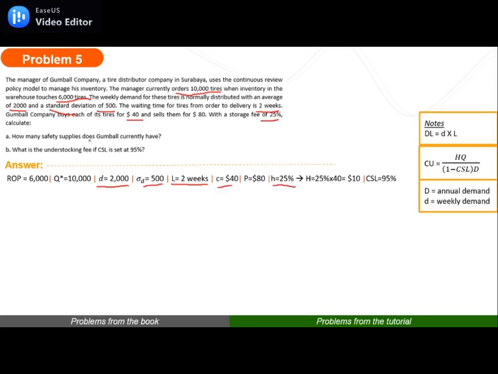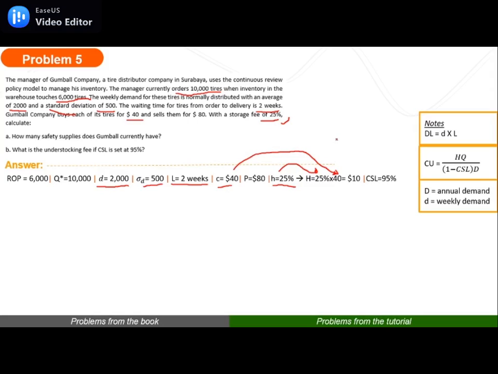The question is, how many safety supplies does Gumball currently have, and what is the understocking fee if the CSL is set at 95%? So to make it easier, we compute the holding cost first because it is still in percentage. To compute the holding cost, it is just the fraction, 25%, times the cost when we purchase per unit.